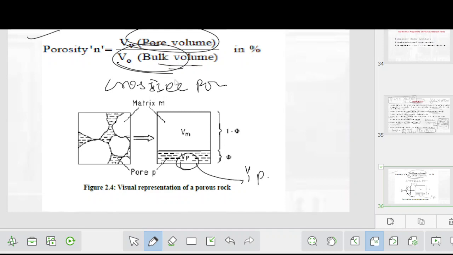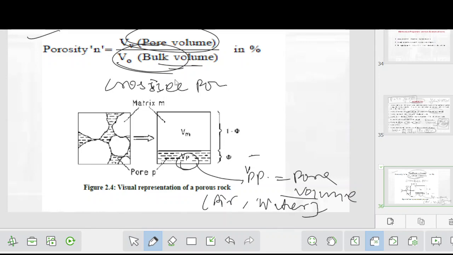Pore volume means we only consider either air volume or water volume, right? Pore volume here means the air and water, and this other part is the volume of matrix, that is grain only.